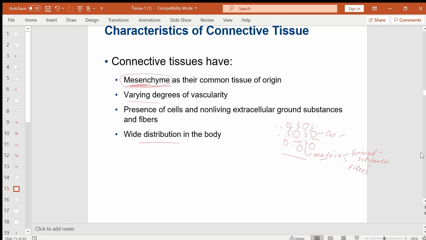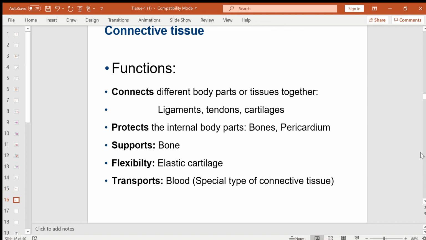Important functions of the connective tissue. Since the name is connective tissue, its name came from the main function of this tissue, that is connecting different structures. You know, ligaments, tendons, they connect different structures. Ligaments connect bone to bone. Tendons connect muscle to bone.